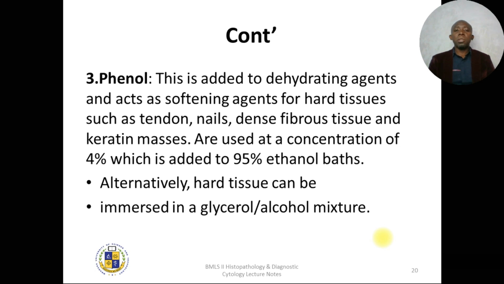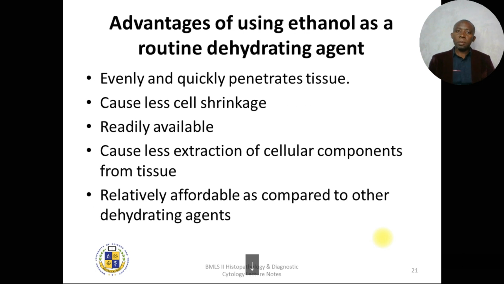So this can be used in tissues like tendons, nails, the dense fibrous tissues, and the keratinized muscles. These are used at a concentration of about 4%, which is added to 95% ethanol, and this is taken as absolute alcohol. Alternatively, hard tissues can be immersed in glycerol or alcohol mixtures.